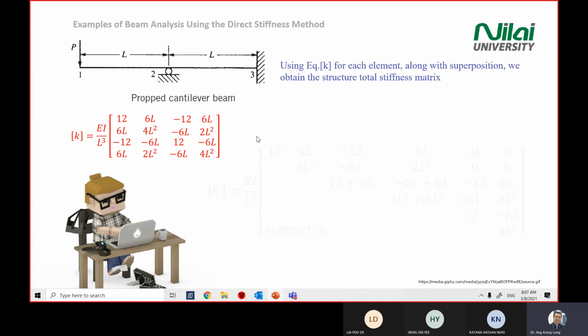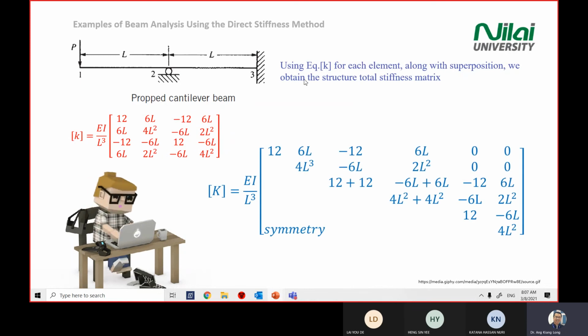And then you put all your points in the global matrix. So this is for a single element, and this one is a combination when you combine the 2 elements into here.